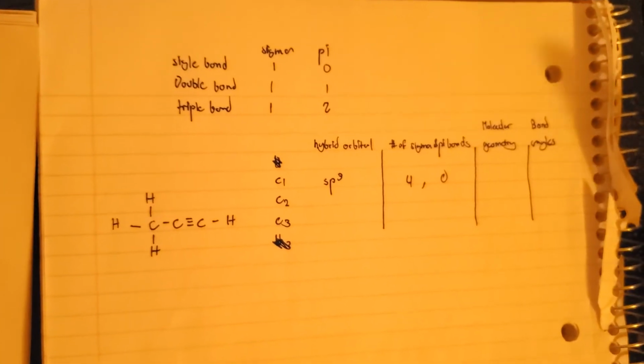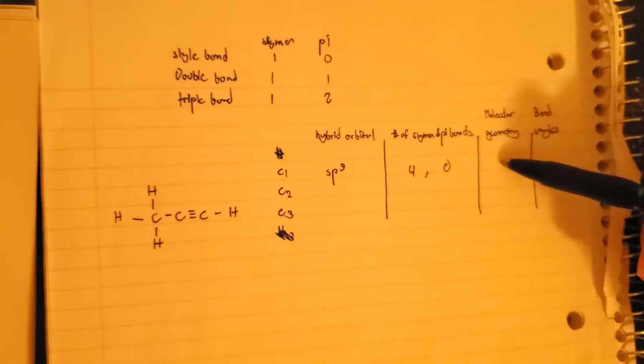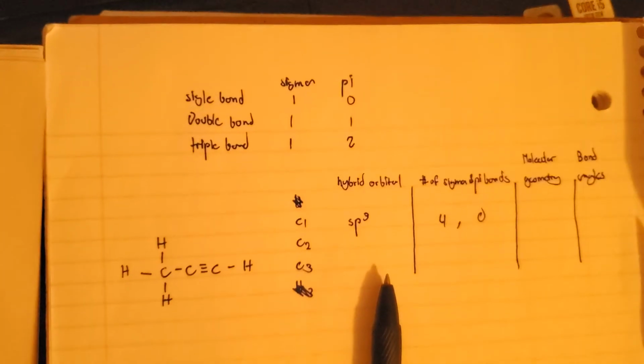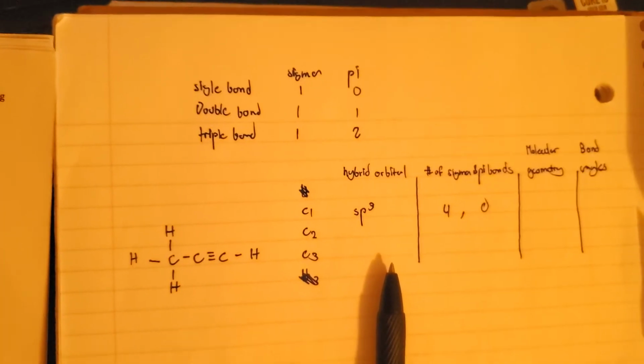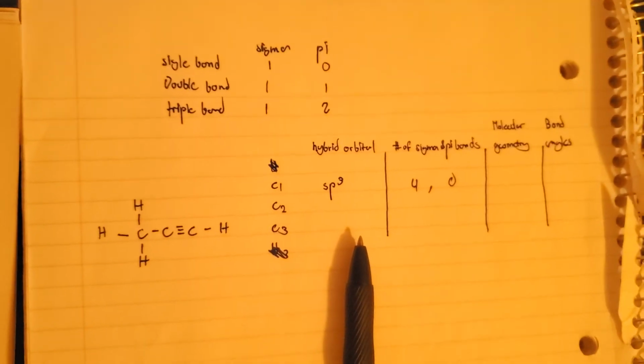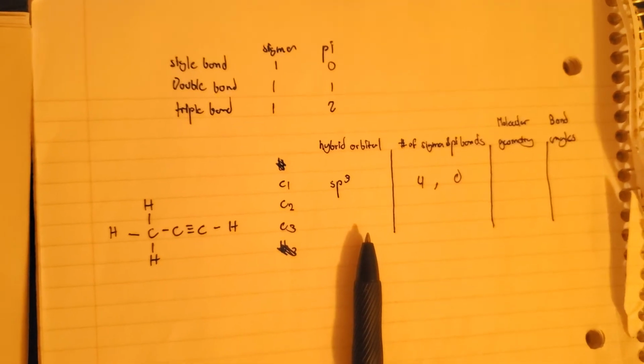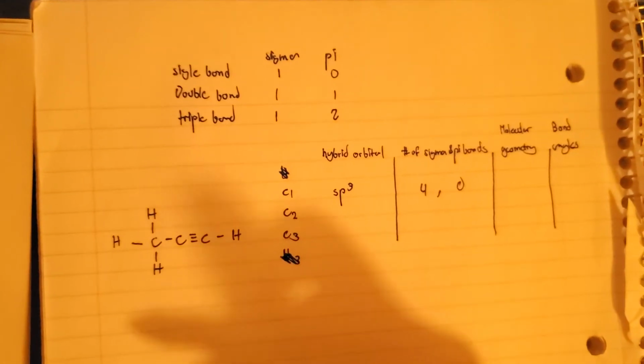Next is the molecular geometry of this carbon. Keep in mind that the molecular geometry varies with the number of lone pairs that each element has in the structure.